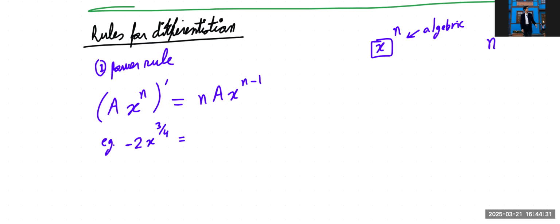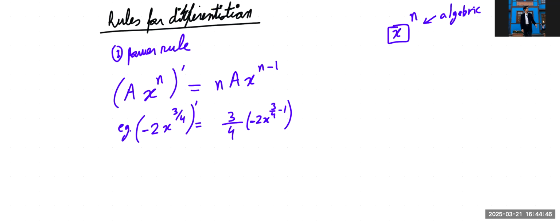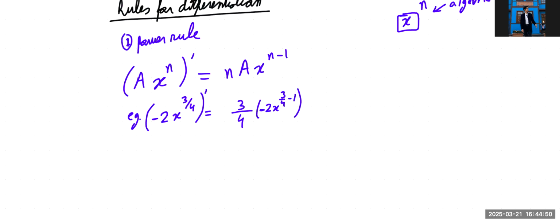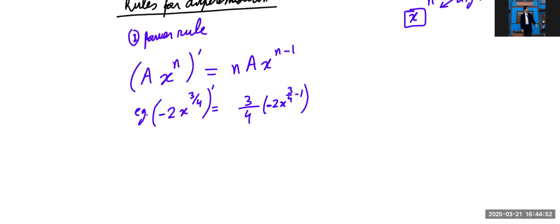To derive this, all you have to do is multiply everything by 3 over 4 and subtract 1 from the power of x. So 3 over 4 minus 1. You can simplify this, cancel the 2 and the 4 and whatever. 3 over 4 minus 1 would be negative 1 over 4 if I'm correct, but my mental math is maybe not the best. This is it.